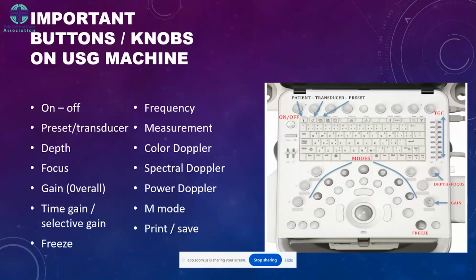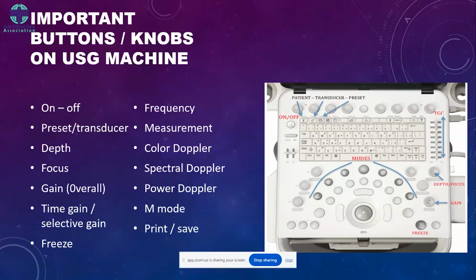The first and foremost is your power on-off button. Thereafter, you have a transducer selection button. In that, you can also have a preset of imaging modalities. Then there's a depth adjustment knob.